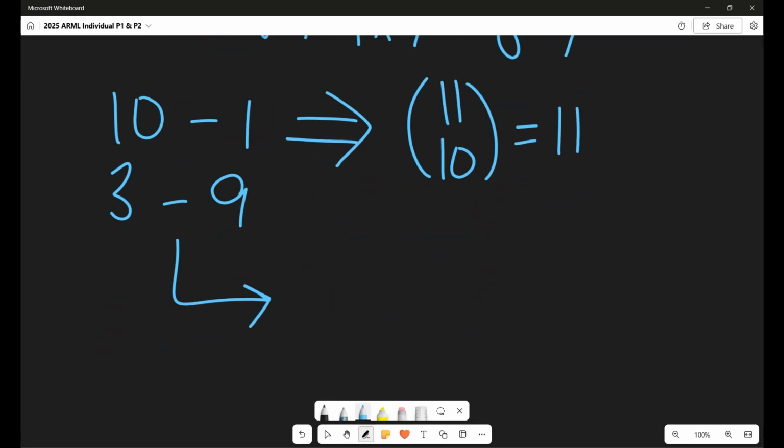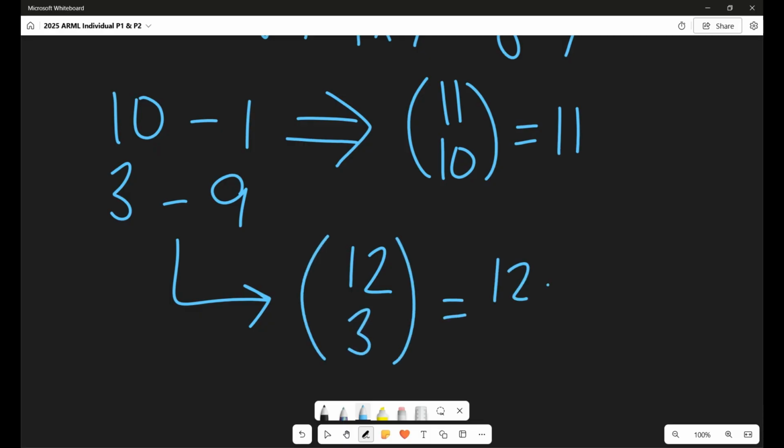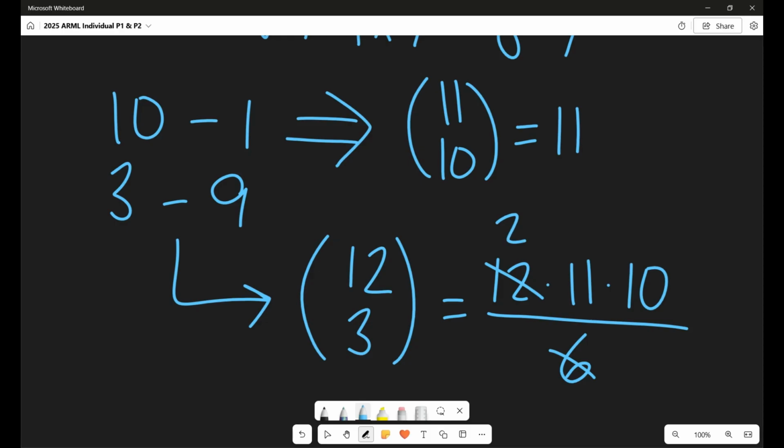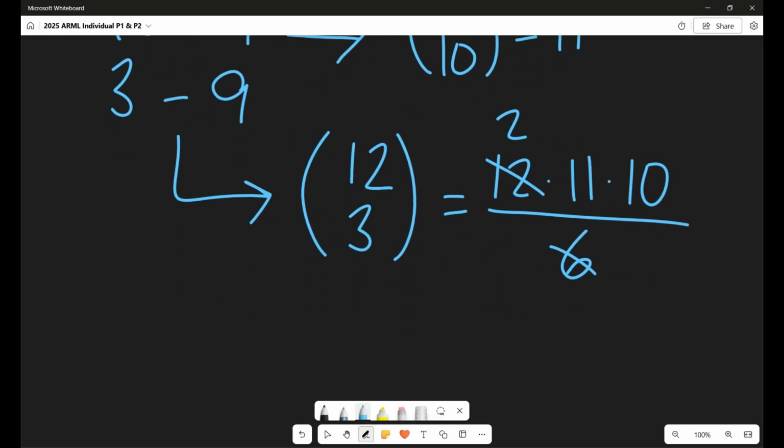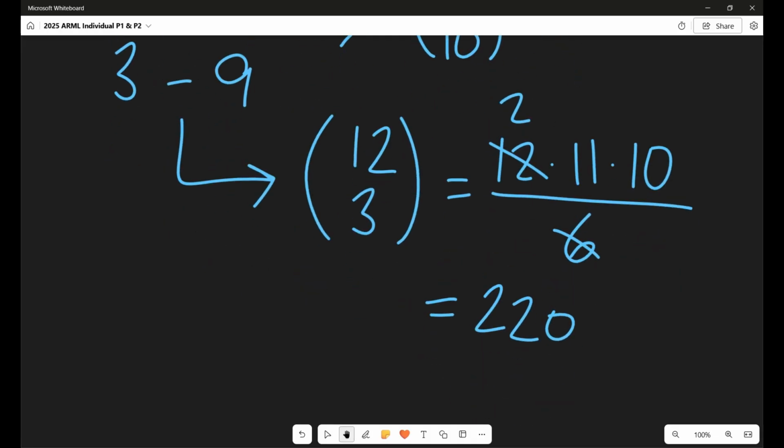Similarly here, we have a total of 12 tiles. 3 of them are congruent, 9 of them are congruent, so this comes out to 12 choose 3 ways, which is 12 times 11 times 10 all over 6. After some cancellation, that comes out to 220. Now when we add 220 and 11, we reach our final answer of 231.